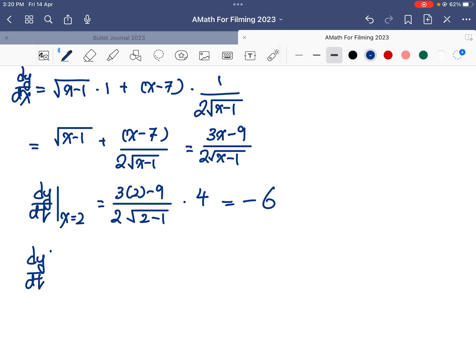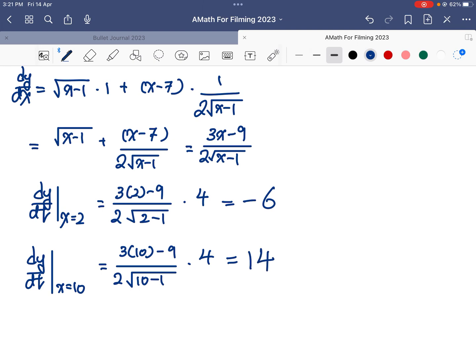Similarly, if I were to find the rate of change of y when my x value is equal to 10, I get (3 times 10 minus 9) divided by 2 times square root of 10 minus 1, times 4, because the rate of change of x with respect to time is always 4.